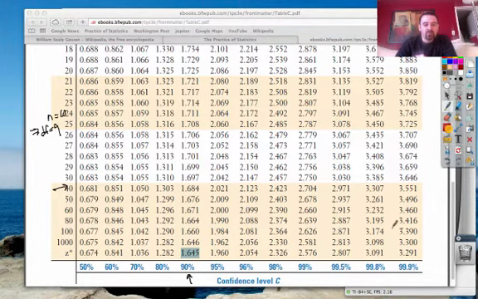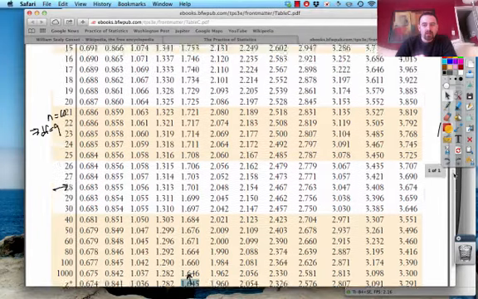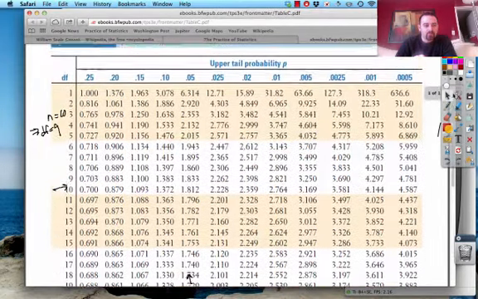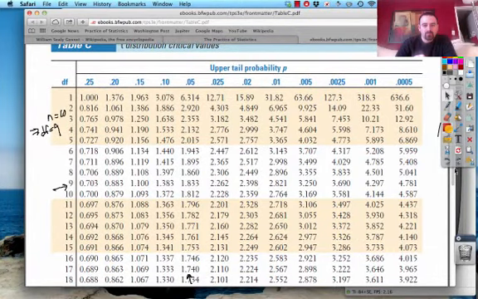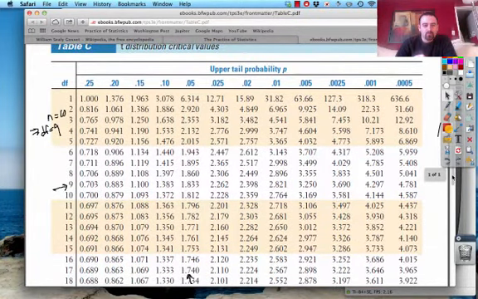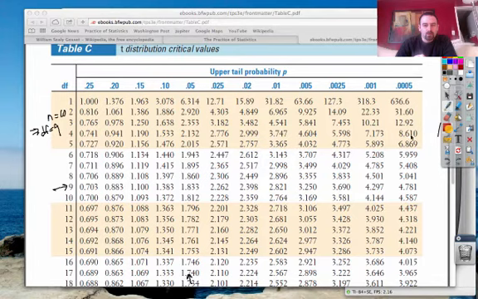So I'm reading from the bottom row, and up to the column that corresponds with 9. There we go. So the value I want is 1.833.